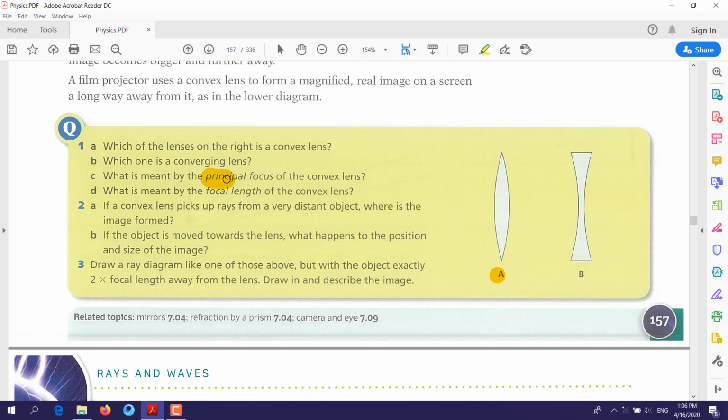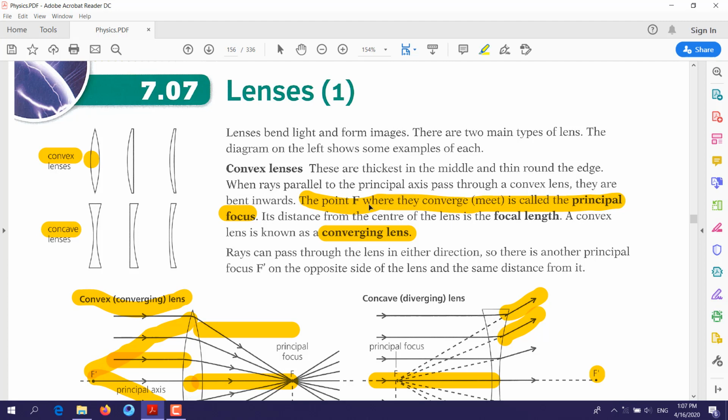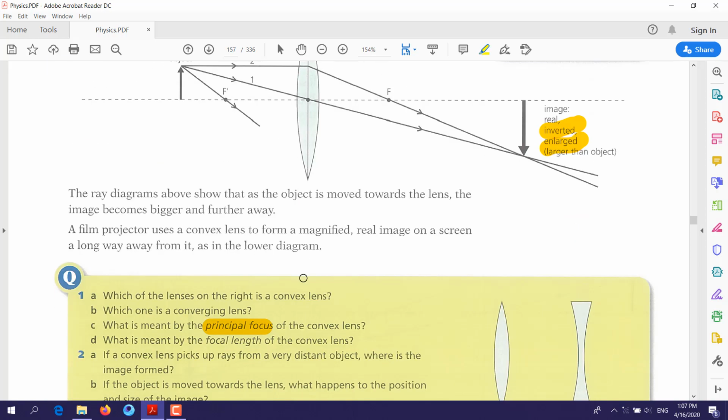Principal focus, we just explained it. The point F where the rays meet is called the principal focus. So principal focus is the point at which the rays meet after passing a lens. So the point F is the principal focus.